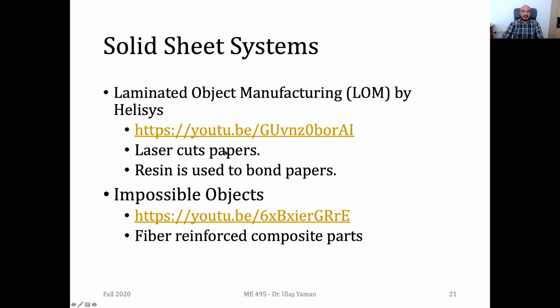In the upcoming chapter, where we are going to discuss sheet lamination, laminated object manufacturing, I will show you more examples where they use papers. And the thing about this system is that since they have specific papers on top of each other, they need to join these papers properly. And for that purpose, they use resin between the successive papers. So this is an important issue for laminated object manufacturing.